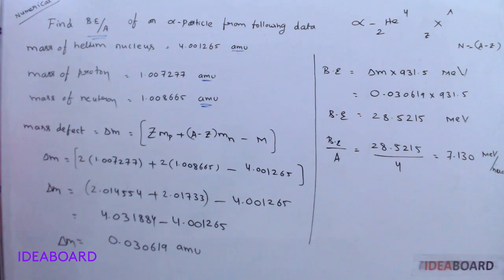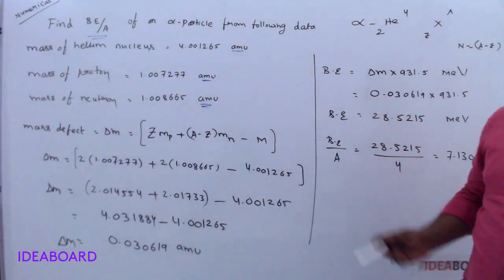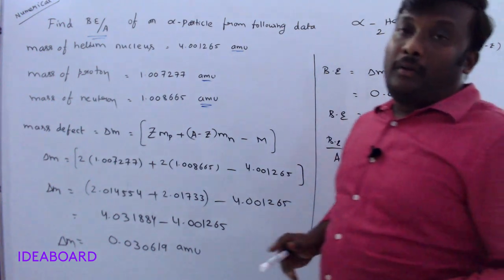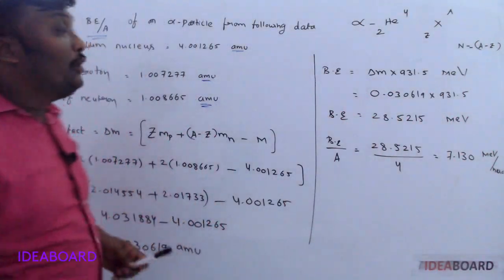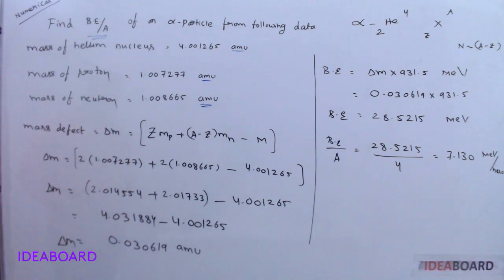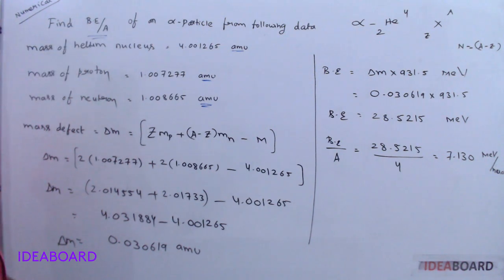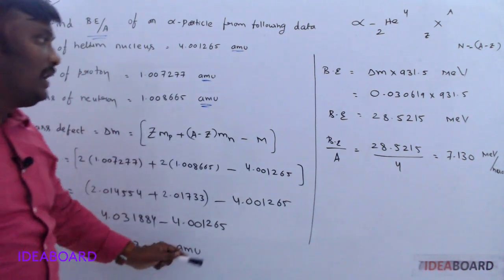In this way, you may try the numericals. These are the most important numericals continuously asked in competitive examinations. Again, they ask the binding energy per nucleon. For that, first you find the mass defect using this formula.